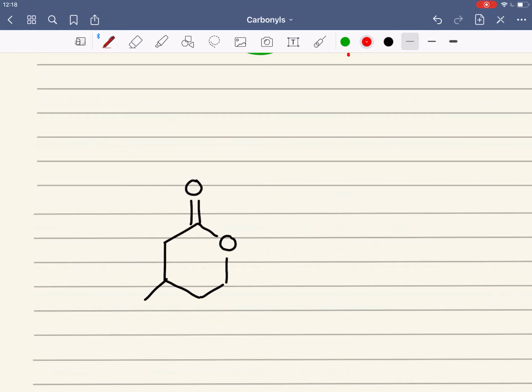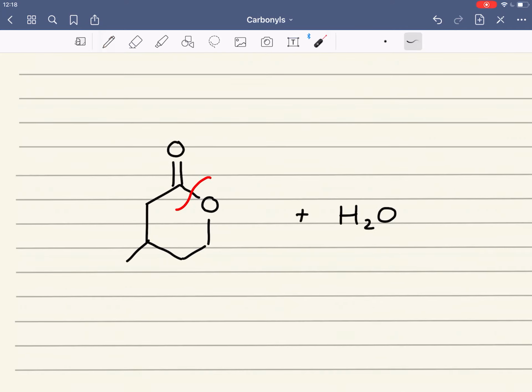Now, if I hydrolyse this, and I'm going to just use an acid catalysed hydrolysis for this particular reaction, we would split this bond. And we're going to add a hydrogen there and an OH here.